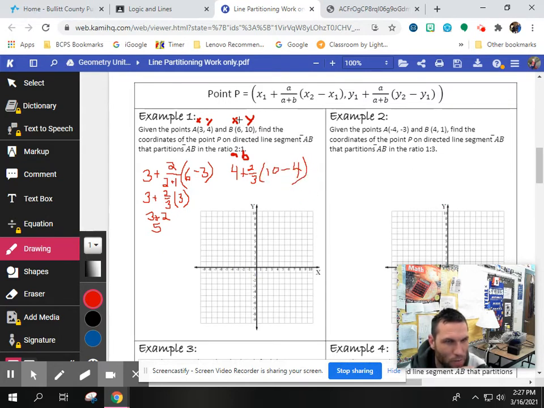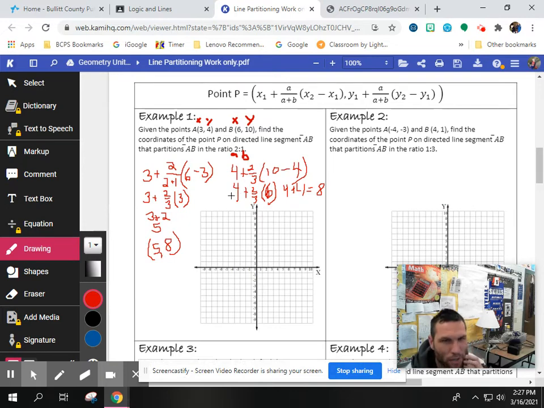We use the first point twice. So that's 4 plus 2/3 of 6, and 2/3 of 6 is 4. So it's 4 plus 4, which is 8. Our point is 5, 8, the x and the y.